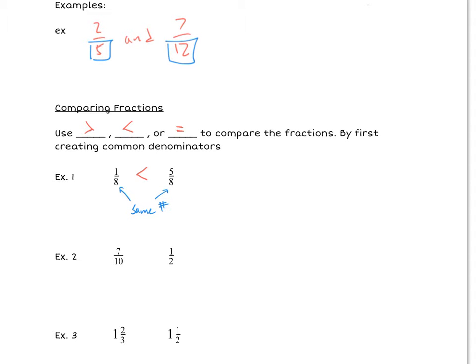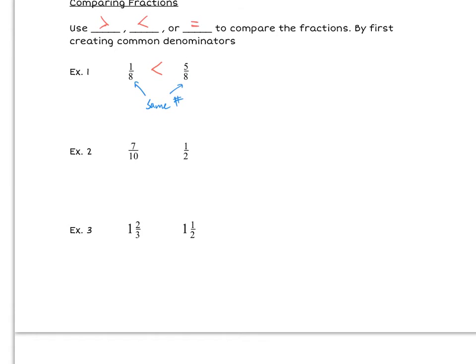If we have not common denominators, we need to make common denominators. You might know this off the top of your head, but we're going to still look at this. So 1/2 and 7/10. You have to make that 2 a 10. How can I make it a 10?